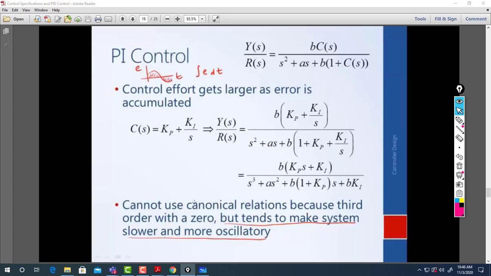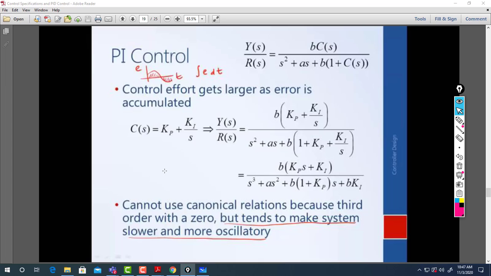But the integral term makes the system slower because it is looking at the error, so it needs to compute the error until reaching the settling time, or until reaching the steady state without error. So it makes the system slower and more oscillatory.